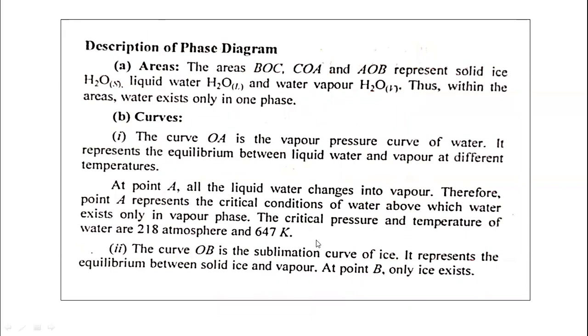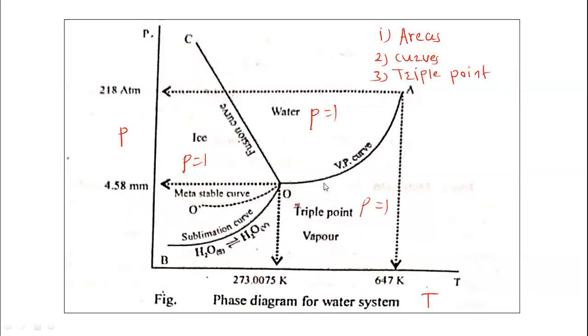Now curves. First, the curve OA. What is the name of this curve? Along the curve OA, two phases are existing. This is the boundary line between liquid water and vapor water.